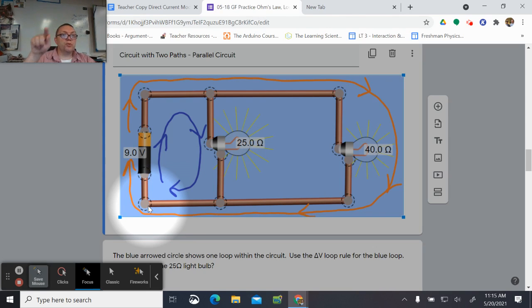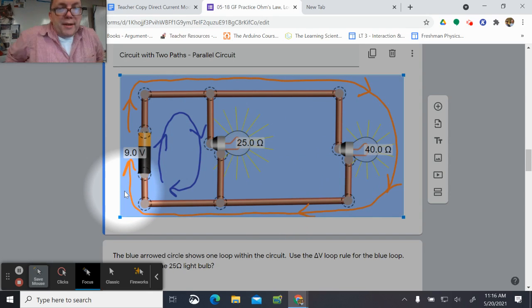So that's the voltage loop rule, saying that plus voltage from the battery, minus voltage for whatever is using energy, should add to 0. If I take this plus the negative from here, we should be at 0. If we take the orange path, this plus the negative from here, we're back to 0. And that doesn't matter if there's 1 bulb, 2 bulbs, 6 bulbs.